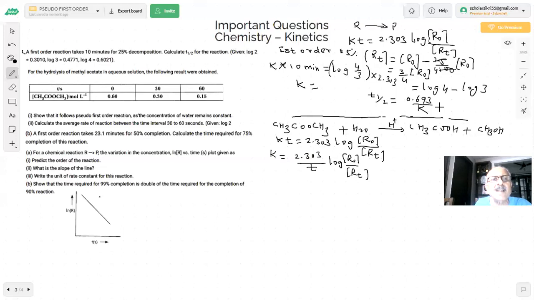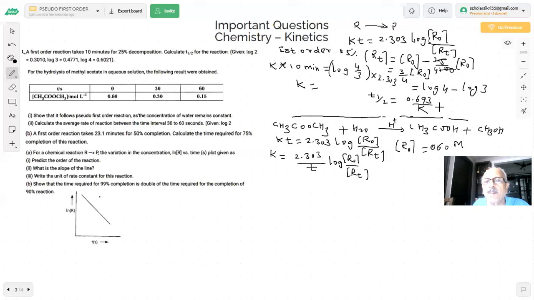You can see the concentration at time t equal to 0. What is the initial concentration? 0.60 molar. So R0 is this one. But Rt is changing with time.